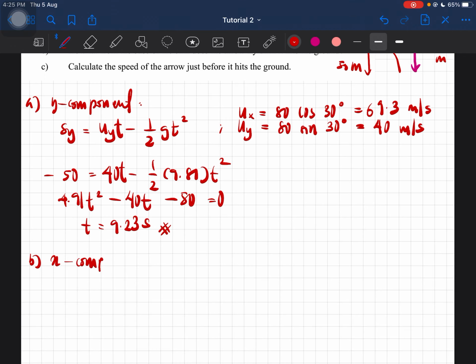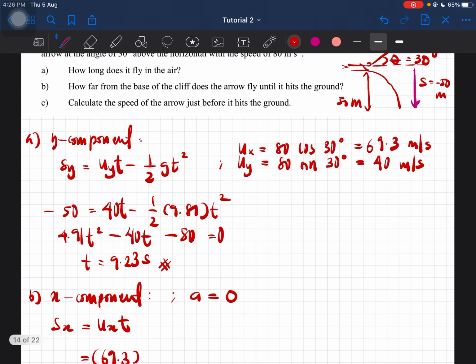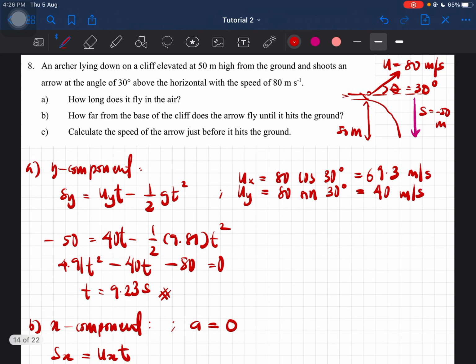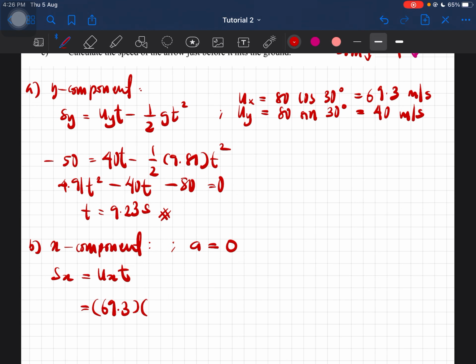So x component, we know that acceleration is equal to 0, so we can use sx equals ux t. Okay, so this is easy. Ux is just 69.3 times the time of flight, which is 9.23.